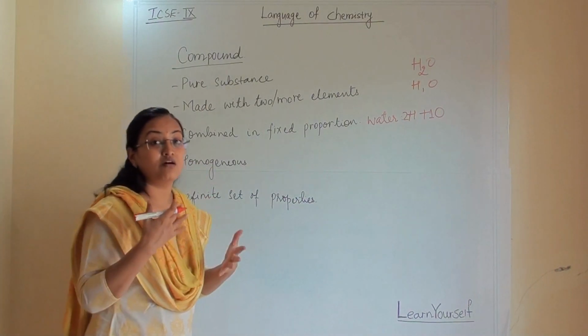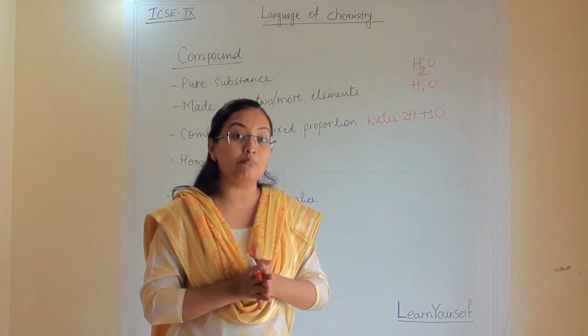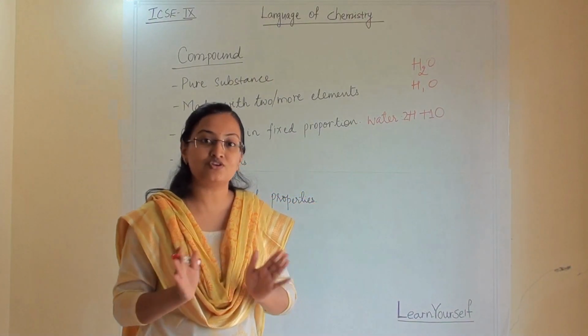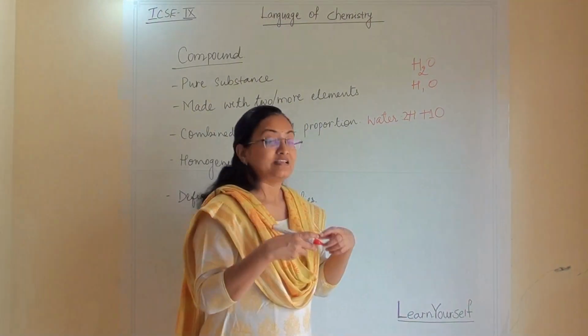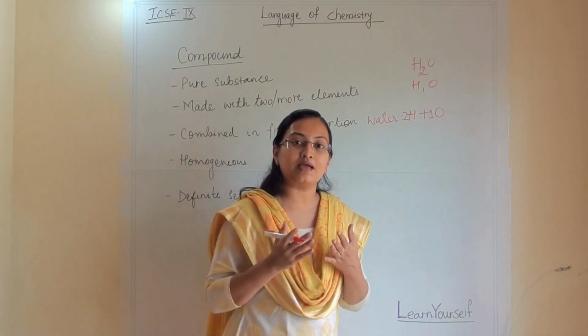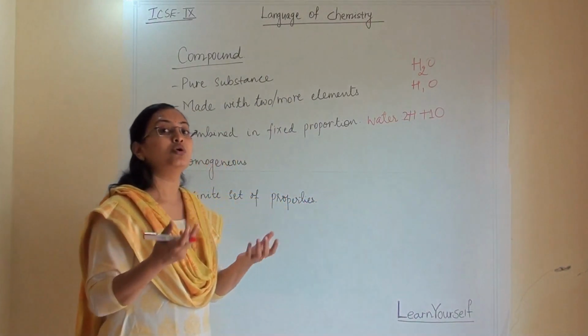Those things can also be applied to a mixture. But when we are talking about a compound, they are chemically mixed. It is not a mixture. They are chemically mixed and you cannot segregate it by any physical means. You need to have some chemical process, then only you can take out any atom or molecule out of it.